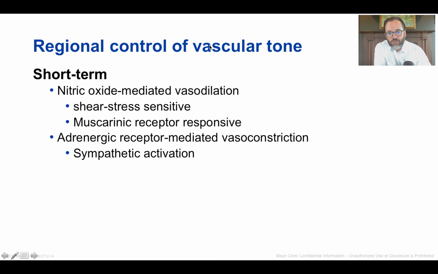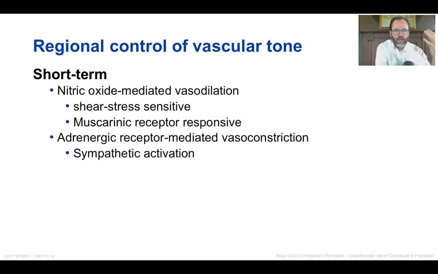So when we're looking at regional control of vascular tone, we have both short-term and long-term mechanisms. Among the short-term mechanisms, one of the most commonly studied is nitric oxide-mediated vasodilation. That is a shear stress-sensitive mechanism for the release of nitric oxide.